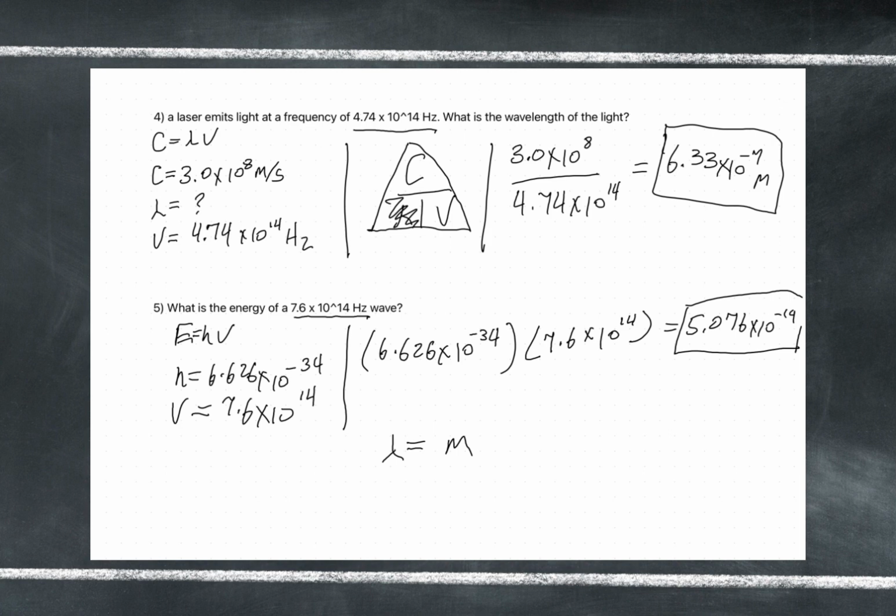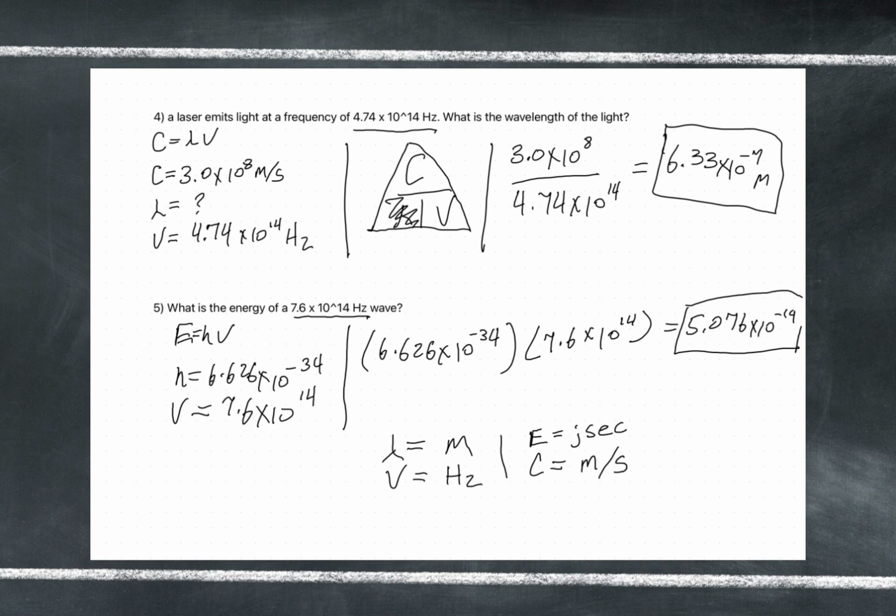Okay, frequency is in hertz. You won't ever have to worry about that because that's too advanced for y'all at this point. Okay, energy is in joules, and speed of light is meters per second.